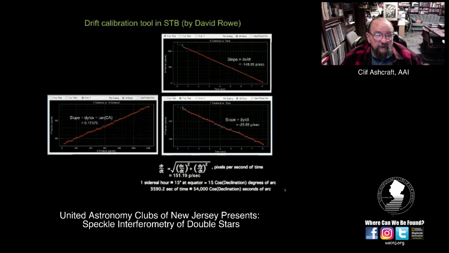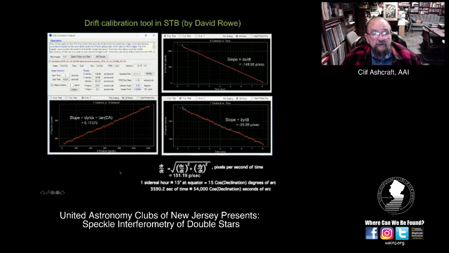Now, if you look at X versus Y, the slope of that line is just the tangent of the camera angle. Well, the program measures all that and puts it together in a little chart. And here we find that the camera angle is minus 9.86 degrees, and the image scale is 0.08694 arc seconds per pixel.